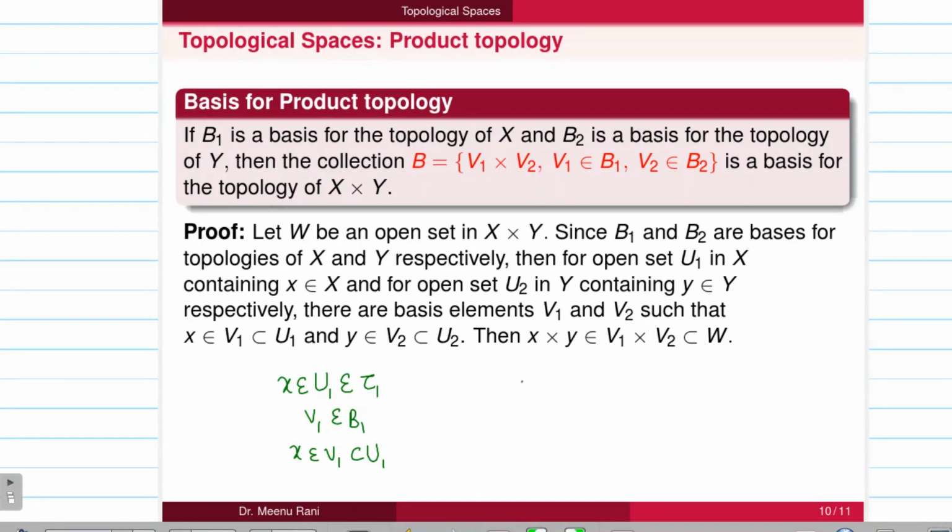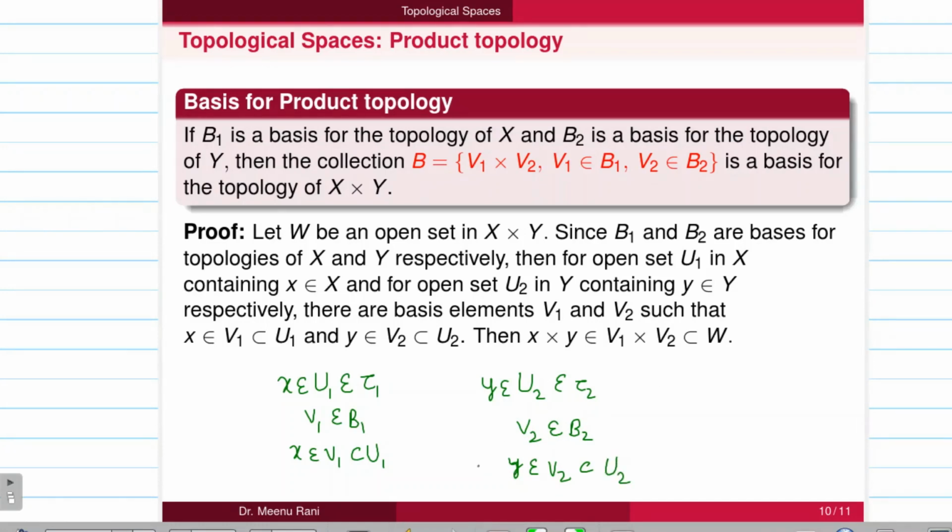Similarly, if B2 is a base for the topology tau2, then there is an open set U2 in Y containing the element y. There is a member of base B2, that is V2, such that y belongs to V2, which is further containing U2.